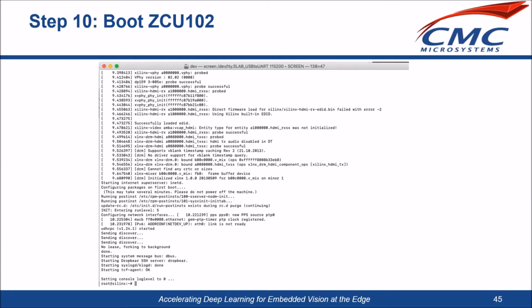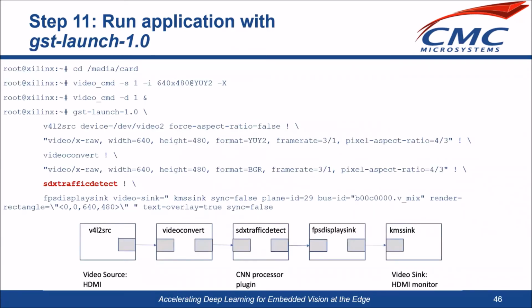And from a terminal window connected to the board, you can then issue commands to run the inference. As I mentioned, Gstreamer has a utility called GST launch that can set up a pipeline from the command line. We created a script just to simplify things, because the command, depending on the size of the pipeline, gets quite burdensome.